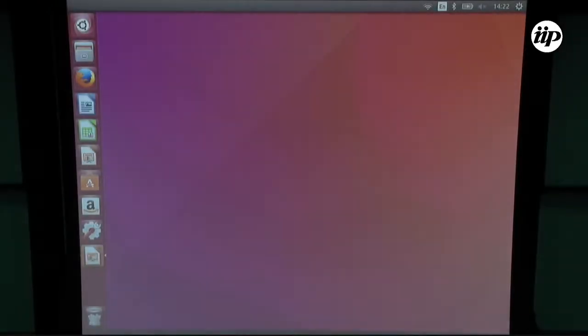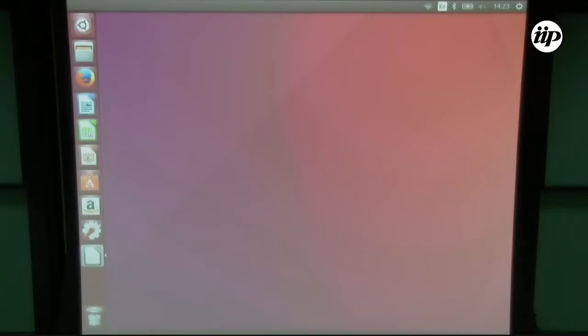Okay. My LibreOffice crashed. And I don't know why. Sorry.